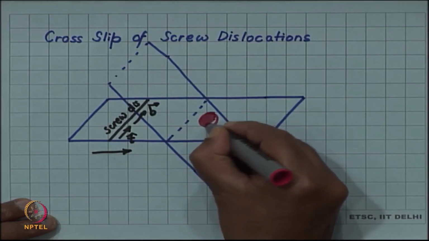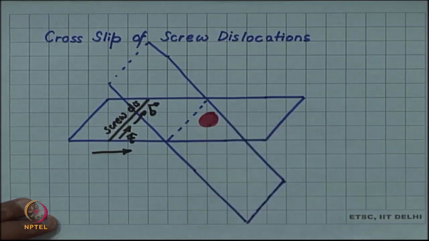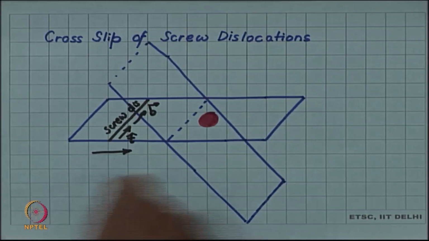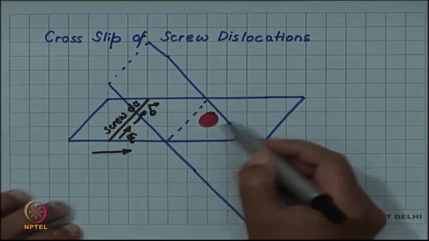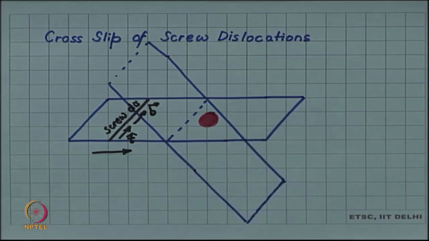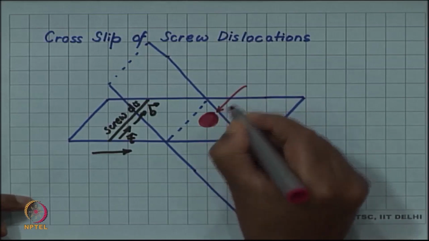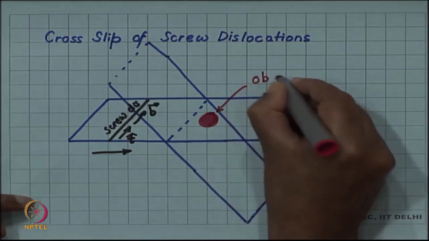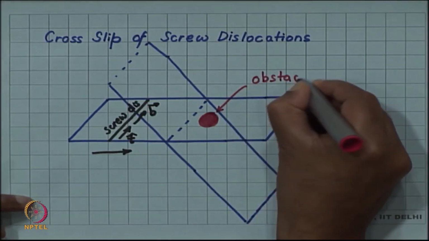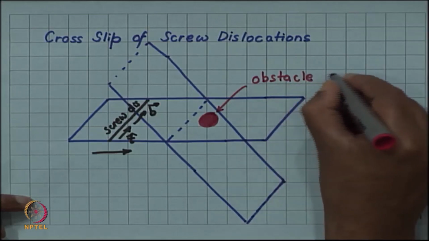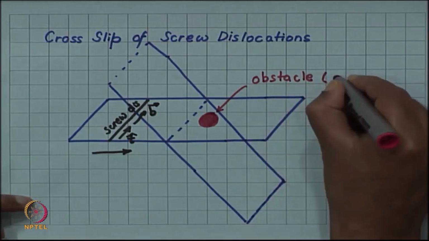We have talked about precipitation hardening. So, suppose there is a precipitate sitting there and the dislocation cannot cut through the precipitate, so it acts as an obstacle to dislocation motion, let us say a precipitate.